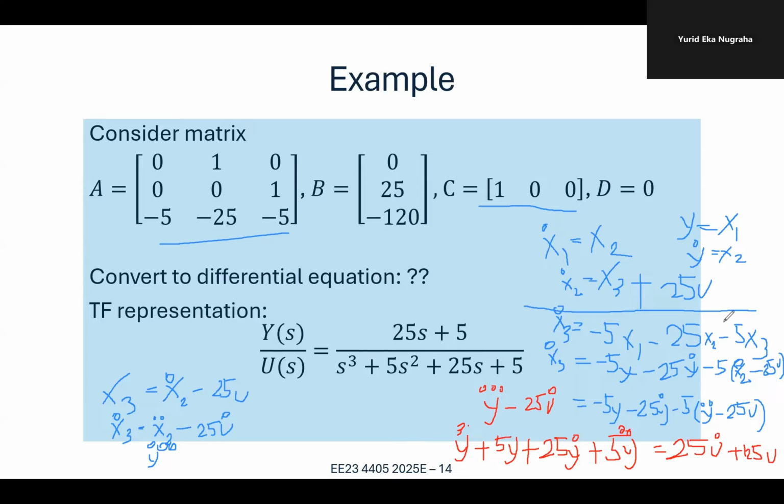Okay, yeah, sorry, it seems that I missed something here. Sorry, I missed the minus 120. So to complete this, we need minus 120u, which also goes here. So then we have 25u dot plus 5u because of minus 120.